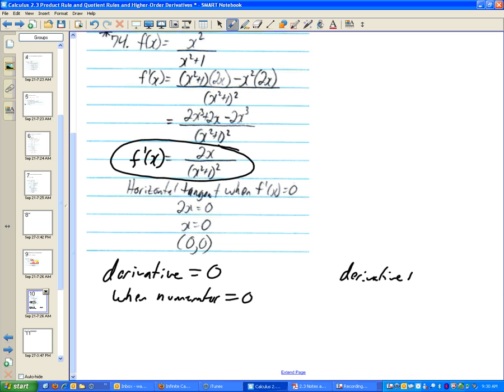The derivative does not exist when the denominator equals 0, for a rational derivative, when your derivative turns out to be a rational function. Do you see why? Okay, good.